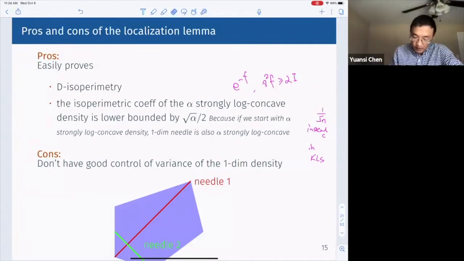So your needle might end up being a very short needle like this, or a very long needle like this. For the diameter isoperimetric inequality, it was fine because it's just about the diameter. But for the variance-based isoperimetric inequality, which is in the KLS conjecture, you don't get this correct.